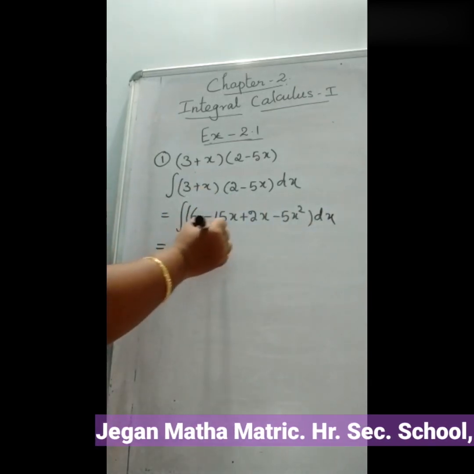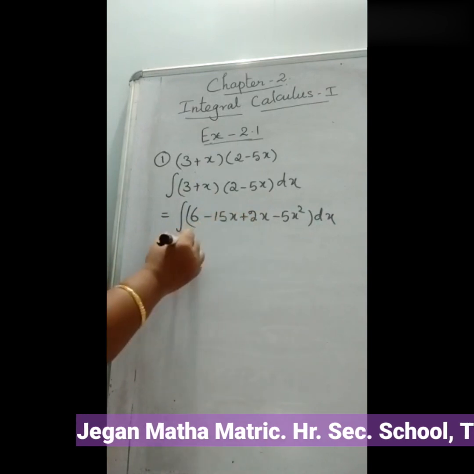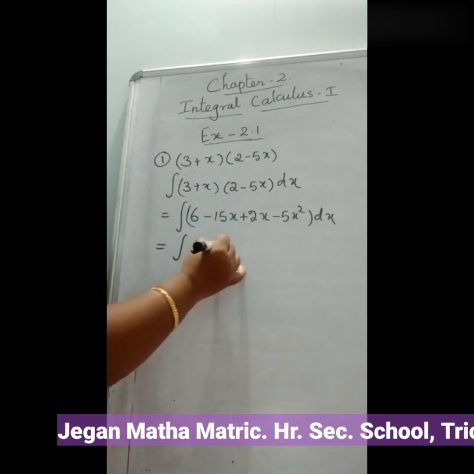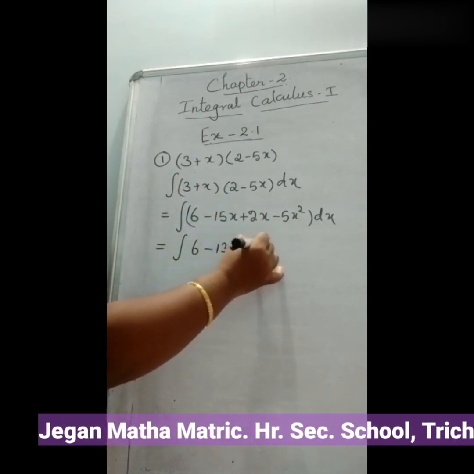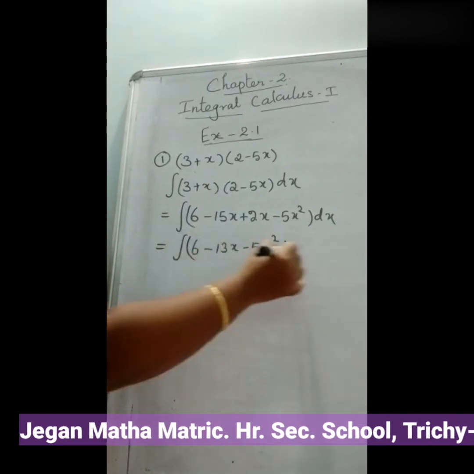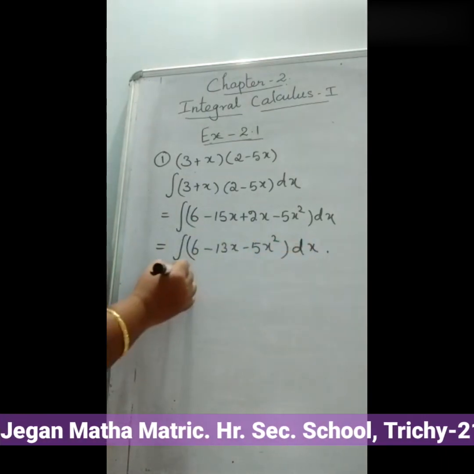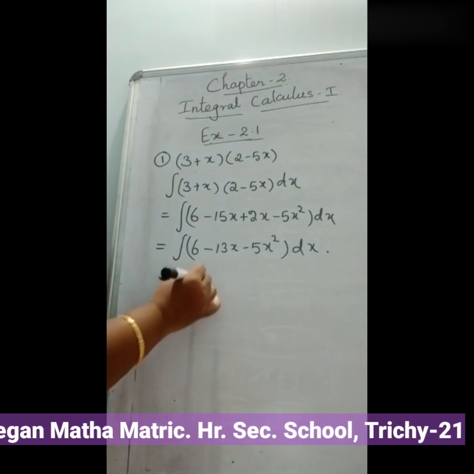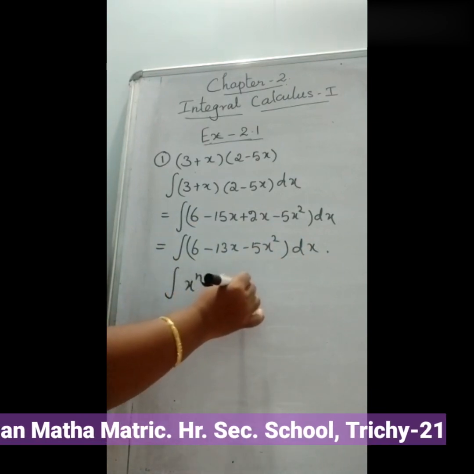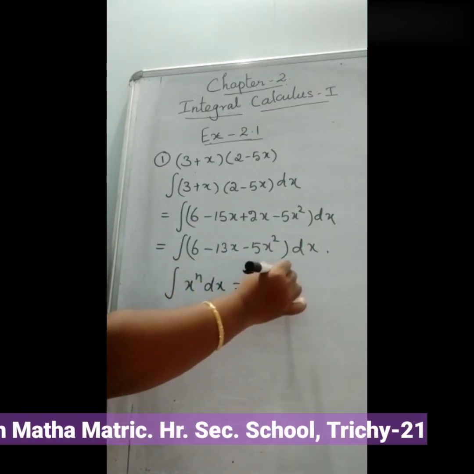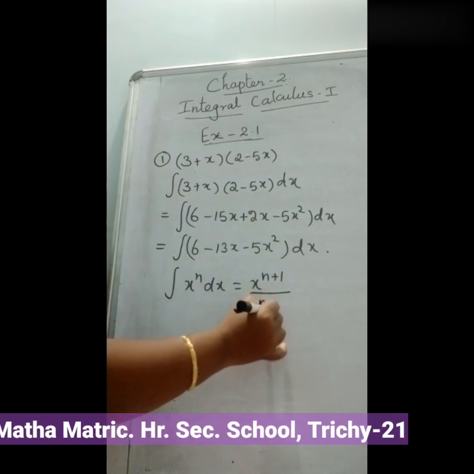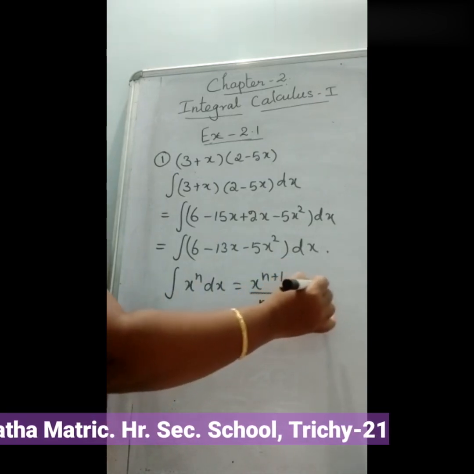Let us simplify this one. The integral of 6 - 13x - 5x² dx. The formula for the integral of xⁿ dx is x^(n+1) divided by (n+1) plus c.